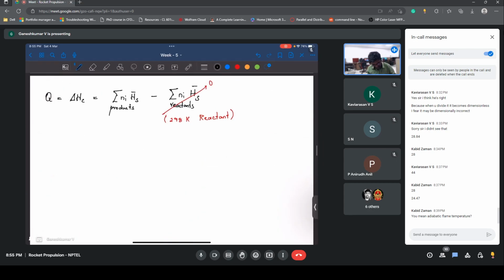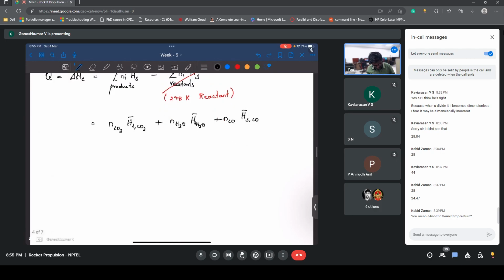So here, let me write it out separately. Again, I have N of CO2 plus H sensible of CO2, plus N of H2O plus H sensible of H2O, plus N of CO plus H sensible of CO. So these are the things.